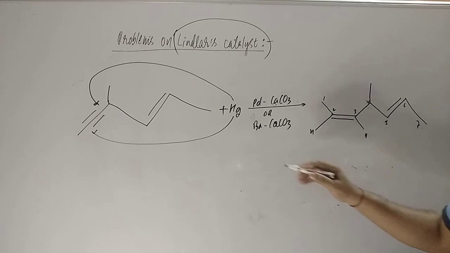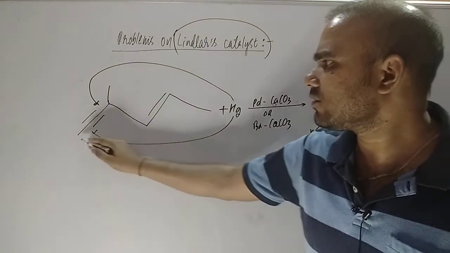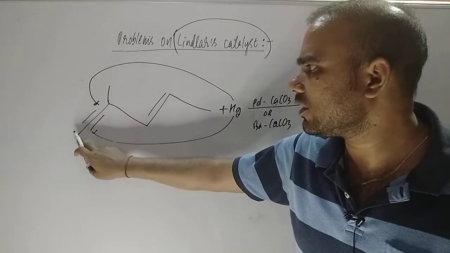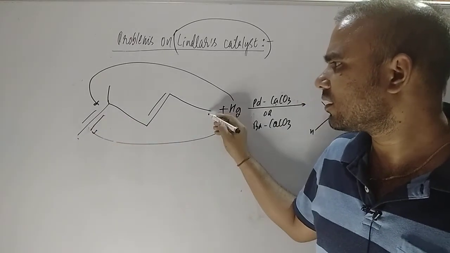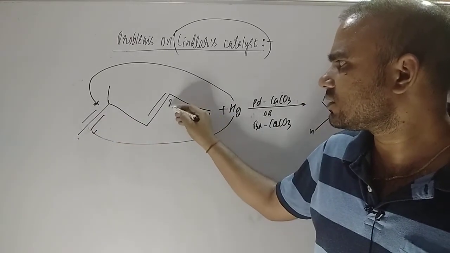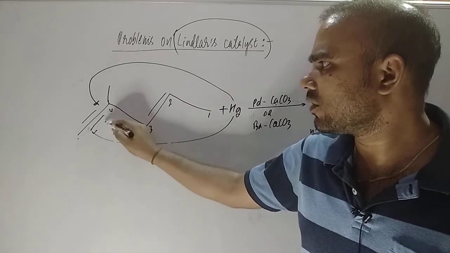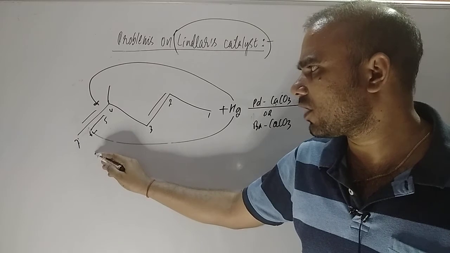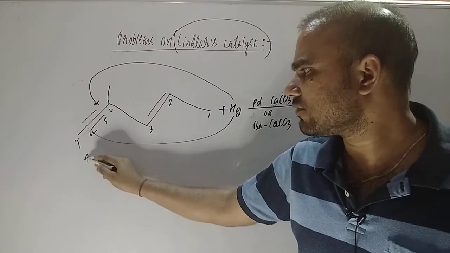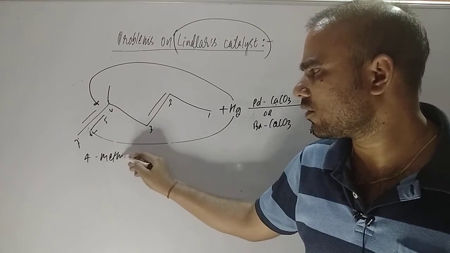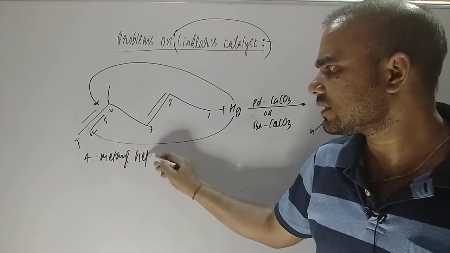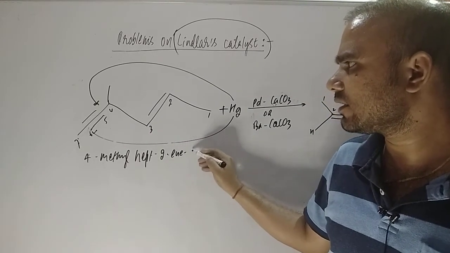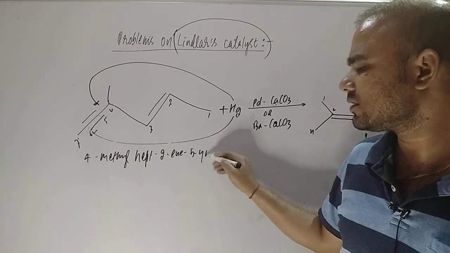So what you can write here, if you see numbering student, that you have to do 1, this is the 2, okay, but here numbering you have to do from this side, so 1, this is 2, this is 3 4 5 6 and 7. So if you are writing the name student, so that will come 4 methyl, okay, 4 methyl, and that will come hept, and on second position what is there, yne, and fifth position ene is there, right?